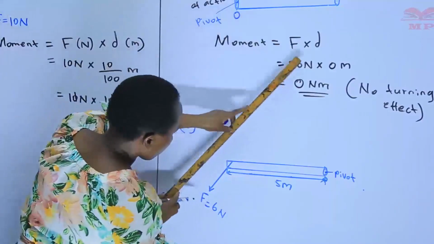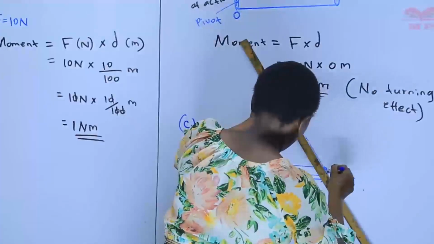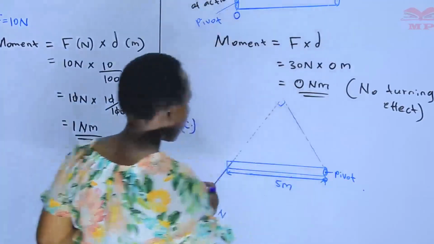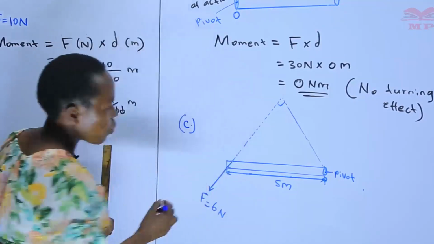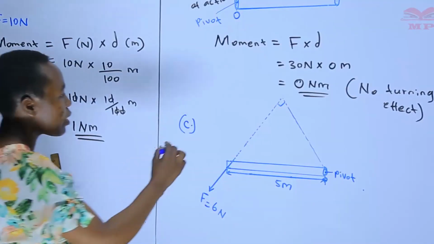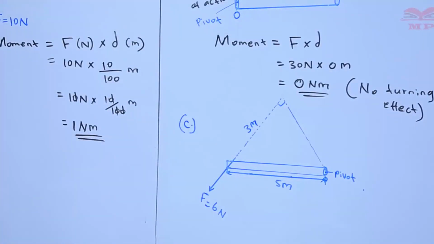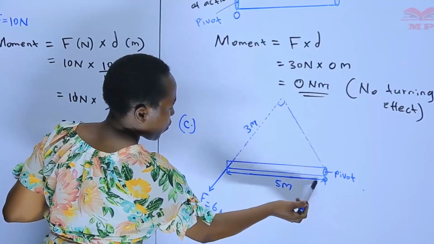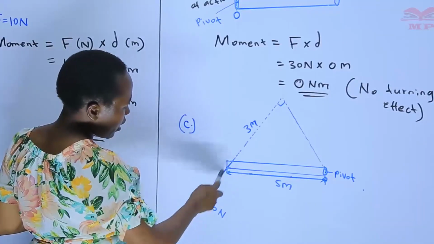We've also been given this other distance here. We have extended this from this point, and we have been told that this makes an angle of 90 degrees, and the distance from this point all the way to this point is given as 3 meters. Now we want to calculate the moment. We have the point of support here, and the distance from here to this force, but this force is acting in this direction.